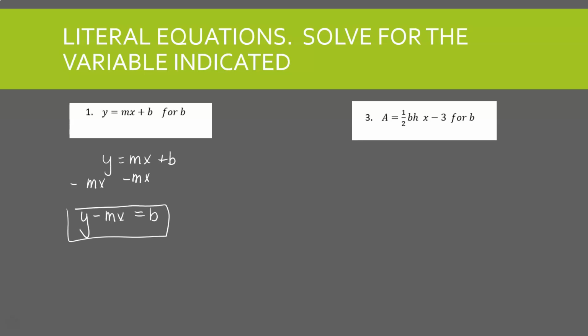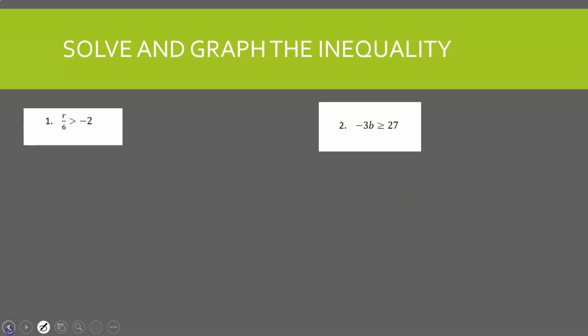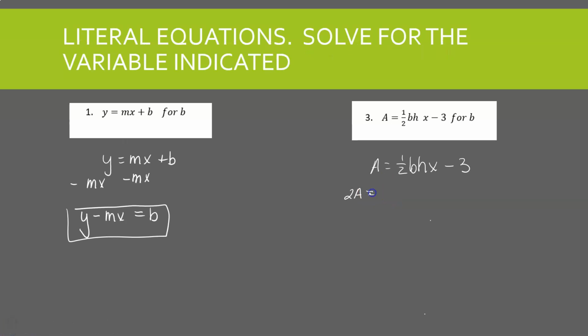Well, first thing I'm going to do is divide by 1/2 or multiply by 2. So I have 2A equals bhx minus 3.